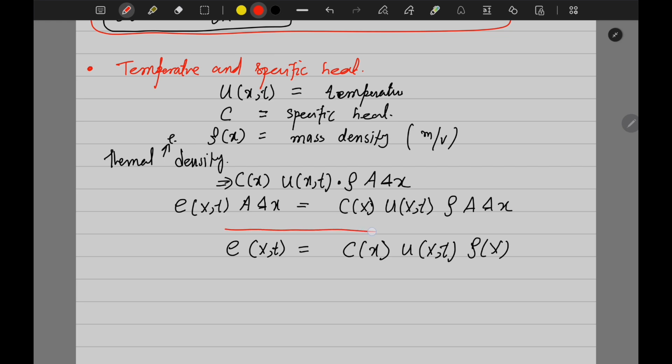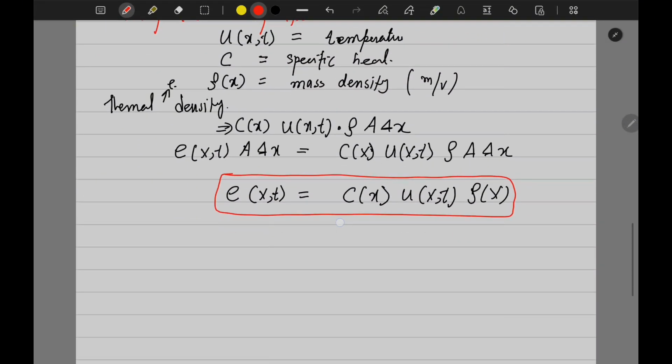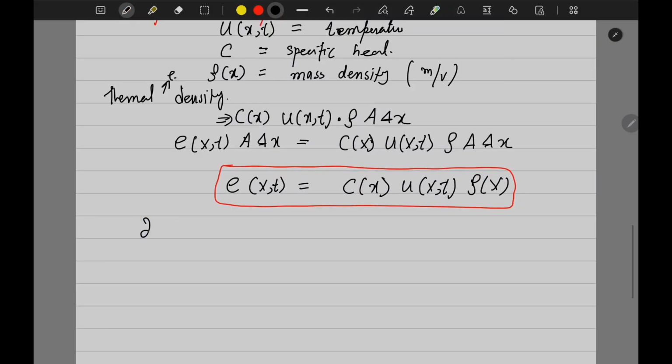So this is the temporary variable that we defined at the beginning. Here, this equation, this is E. Now we will take the conservation equation that we have, which is dE/dt equals minus dφ/dx plus q. We will put this E here.